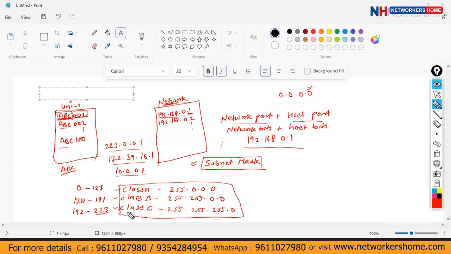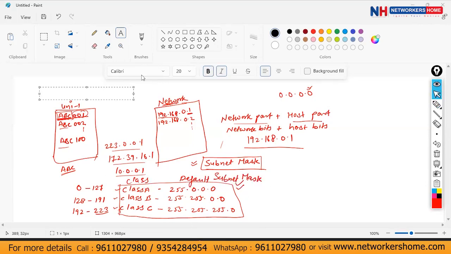But what exactly is your subnet mask? You can define it like this: it is a 32-bit binary number that differentiates between the network part and host part of an IP address. Your subnet mask is simply going to tell you which part is the network and which part is the host. Okay, so note this down. On this side you can say class, and this is the default subnet mask.